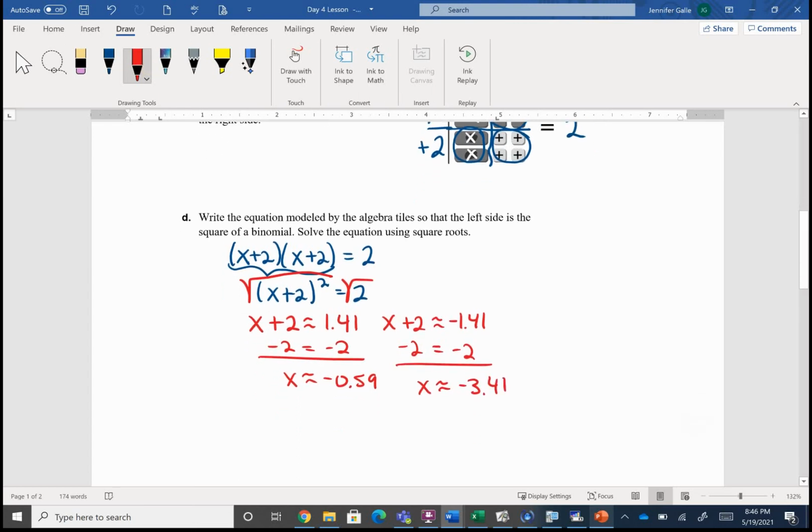If we were to graph this, these would be our x-intercepts. If we were to sketch a graph, these would be our x-intercepts. Now, something else cool I want to show you from this piece.